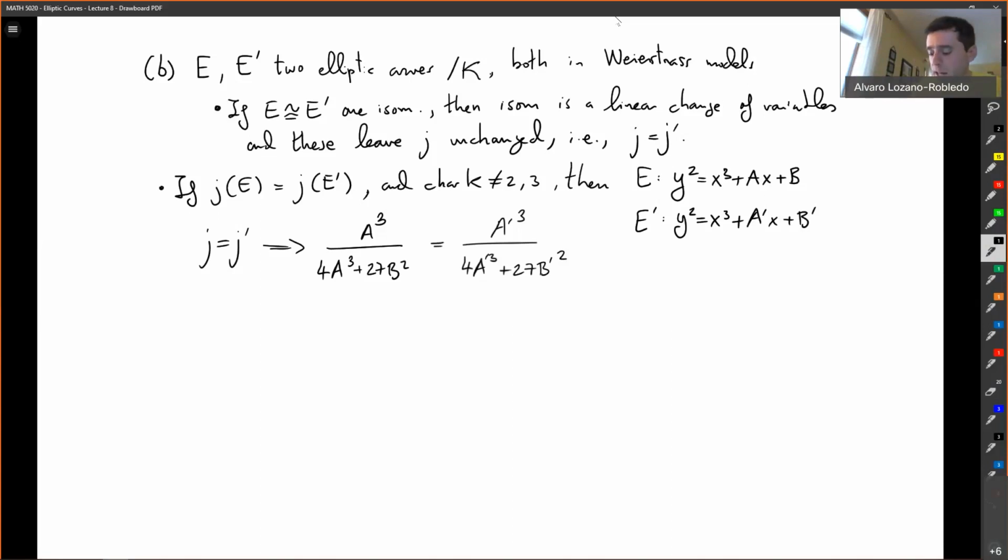Okay, and if you unravel this equation, if you cross multiply, then what do you get?